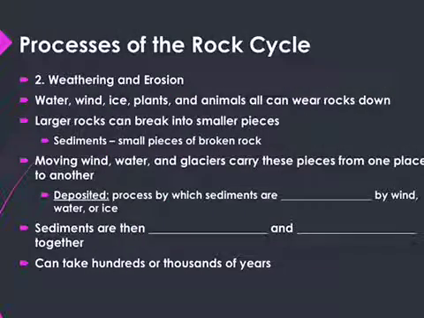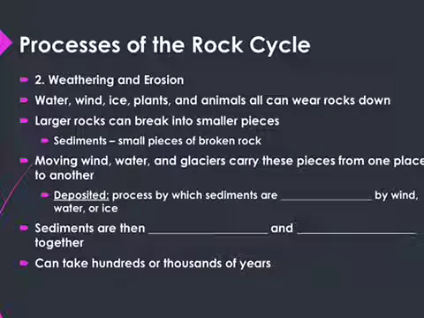The second process is called weathering and erosion. Wind, water, ice, plants, and animals all have the ability to wear or break rocks down. The larger rocks can be broken into smaller pieces, and those smaller pieces are what we refer to as sediments.